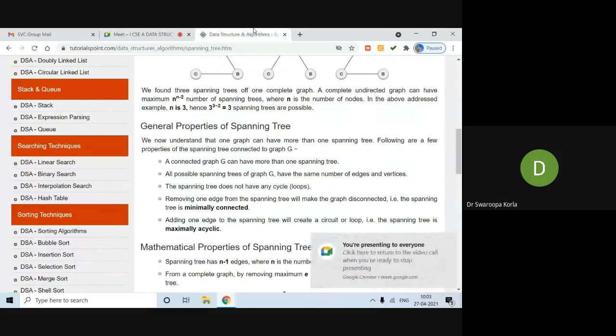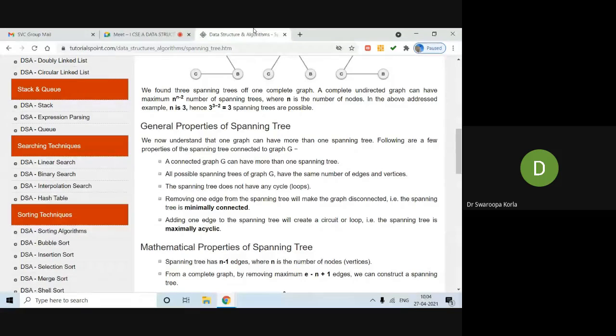A connected graph Z can have more than one spanning tree. All possible spanning trees of graph Z have the same number of edges and vertices.